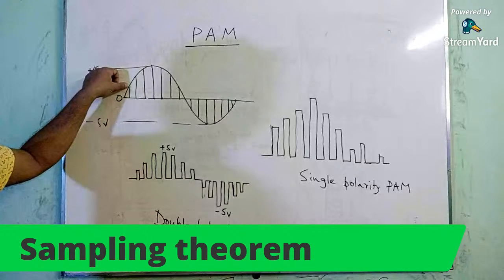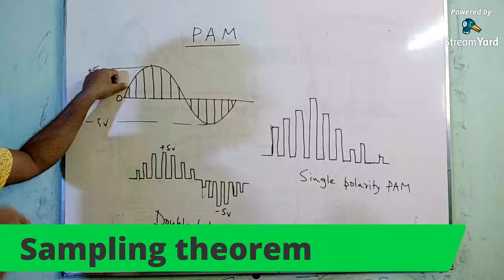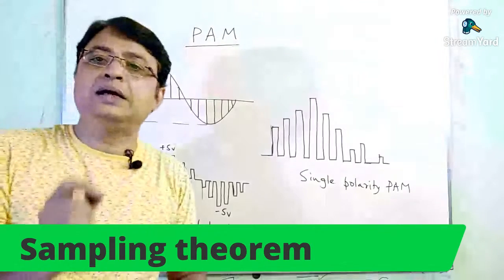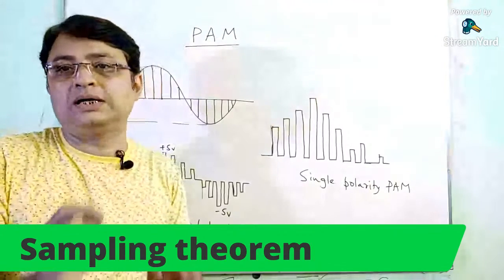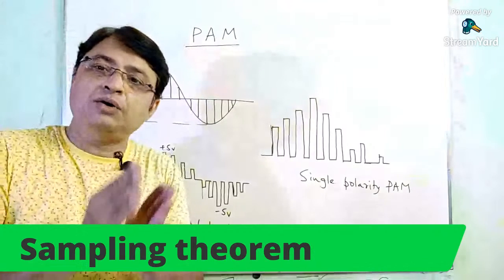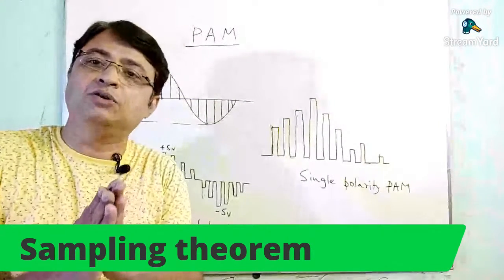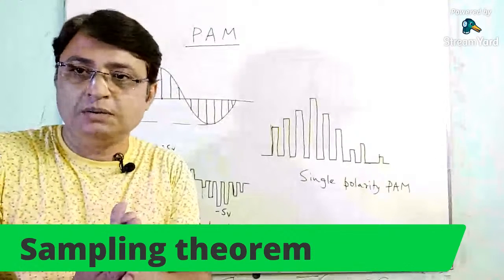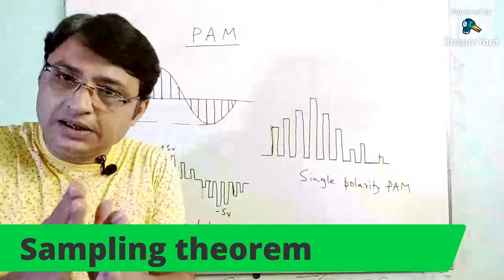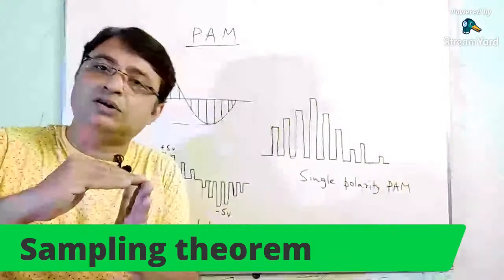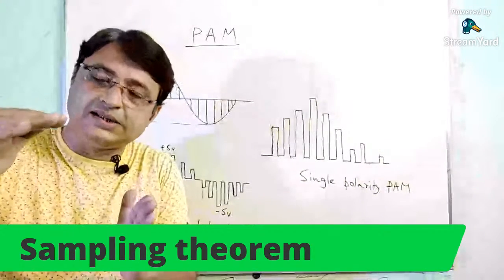So at 5 seconds I found the value of the analog signal is 1 volt, but whatever the minimum time interval may be, say at 5 seconds you find the value as 2 volts, but it will continue, because the analog signal goes on increasing.